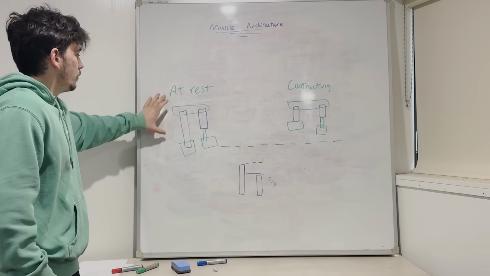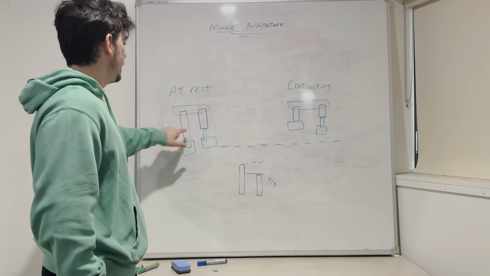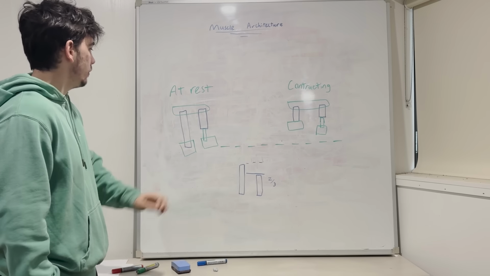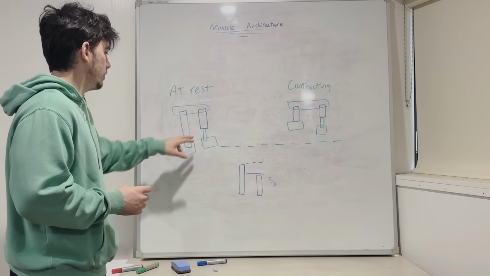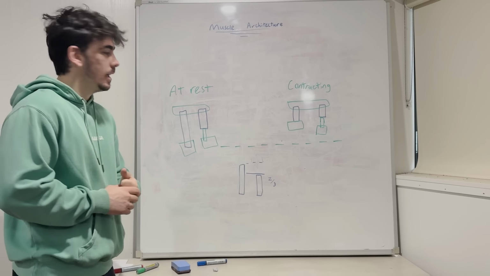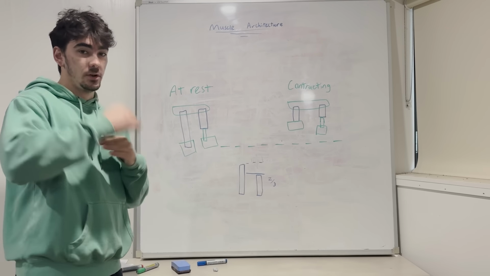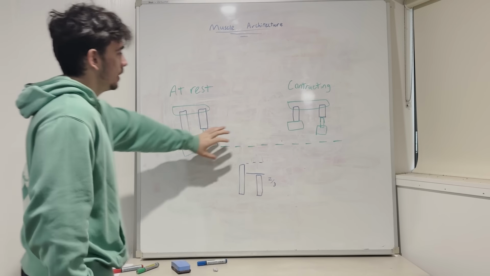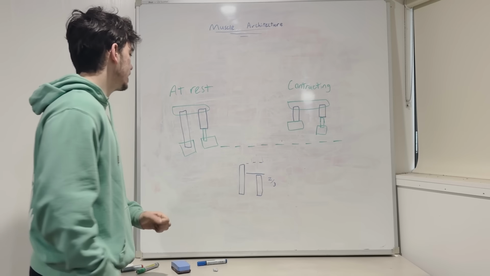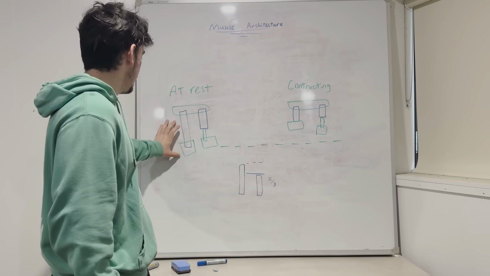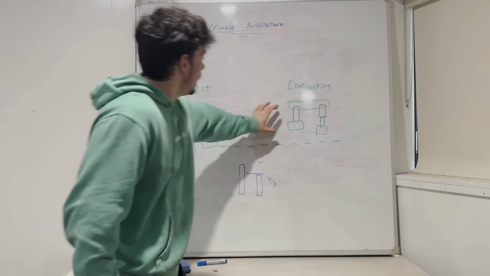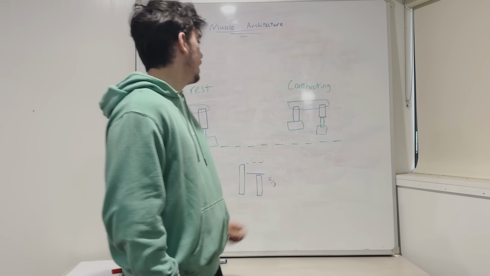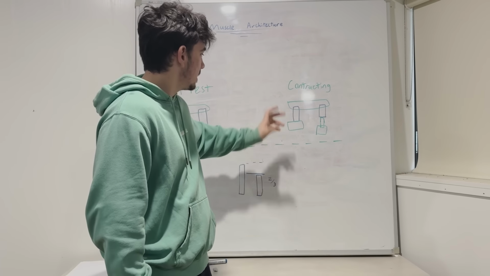So this is it at rest, and we've got two different muscles drawn here. We've got just a long muscle belly, and then another long-ish muscle belly, but with a tendon attached to it, which is a longer tendon. So that's at rest. And then over here, contracting, we can see that the muscle that's attached, not with the tendon, is able to shorten a lot further, whereas the one that isn't is still kind of the same size as this one.